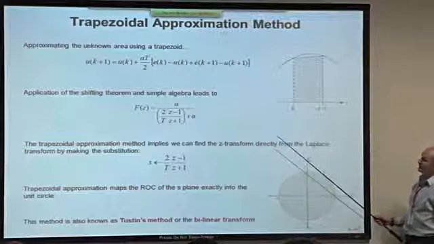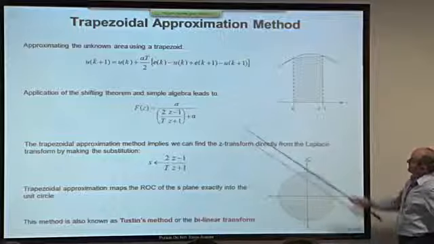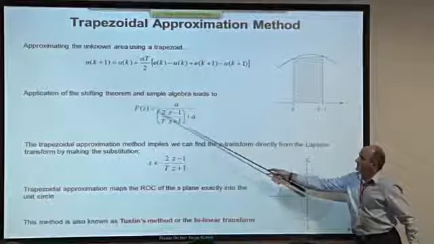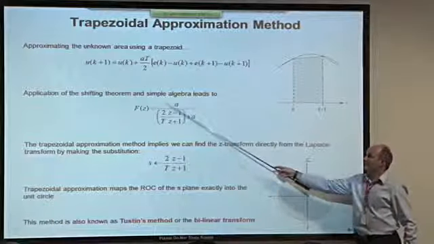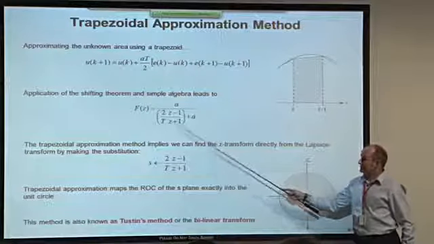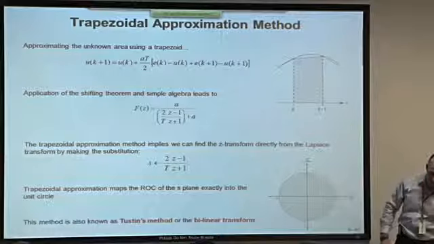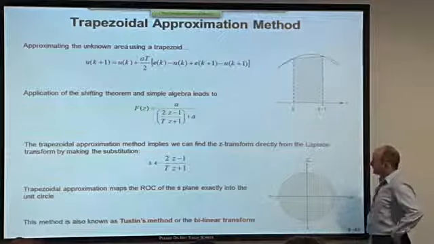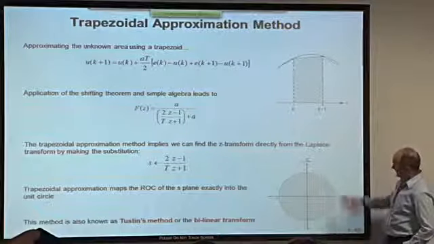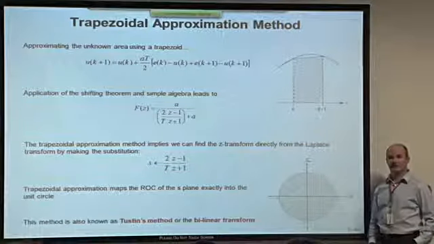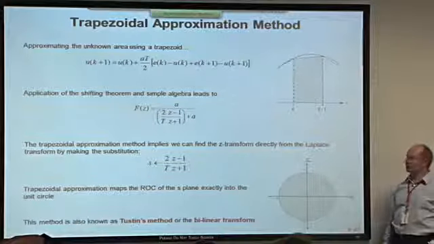That's the area of a trapezoid. And when you work it out, you get this transfer function in which the instance of s has been replaced by 2 over t times z minus 1 over z plus 1. This actually performs much better because the entire left half plane ends up exactly inside the unit circle. Stability is guaranteed with this thing.